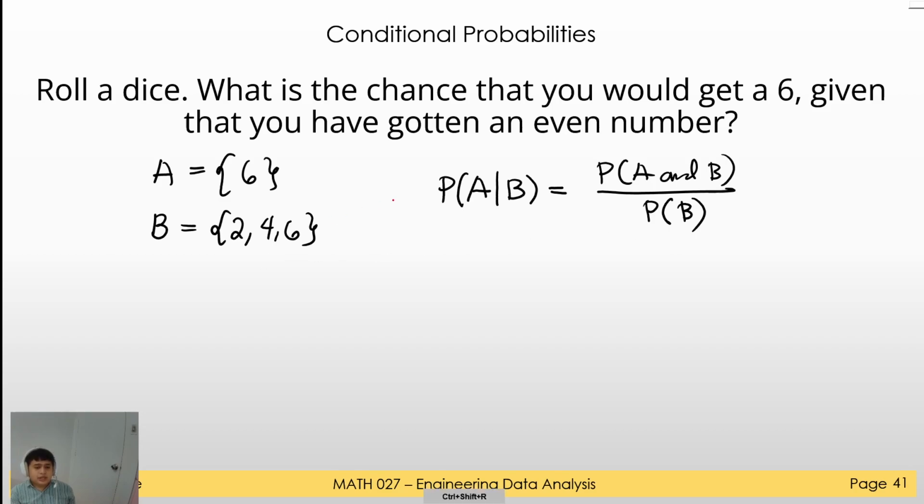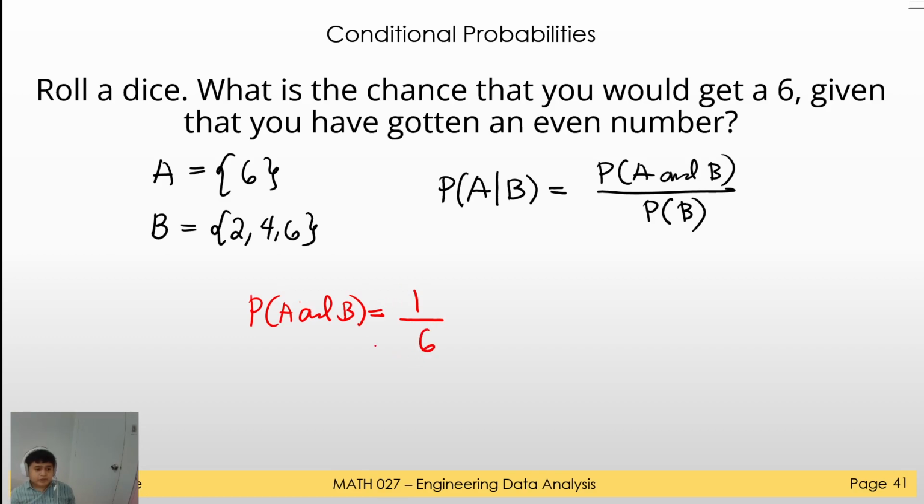What is the probability of A and B occurring? That is just the intersection of these two, which is 1 out of the whole sample space, so 1 over 6.